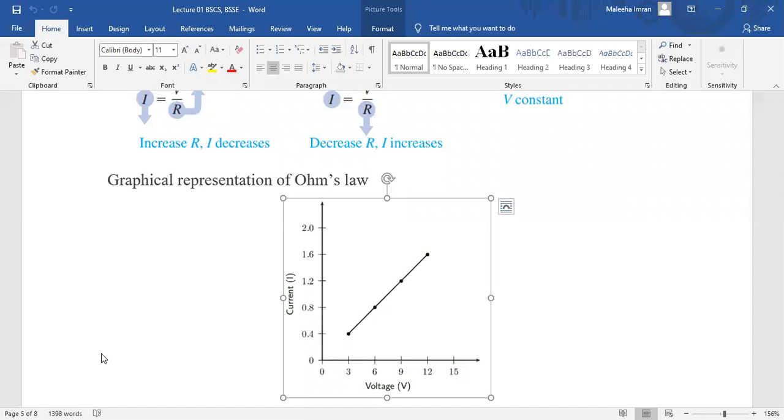Third parameter is the resistance. And how can you determine the resistance? We can determine the resistance by taking the slope of this graph. And what is meant by the slope? The slope means the variation along the y-axis to the variation along the x-axis. So we know that from here we can write 1 over R is equal to I over V.